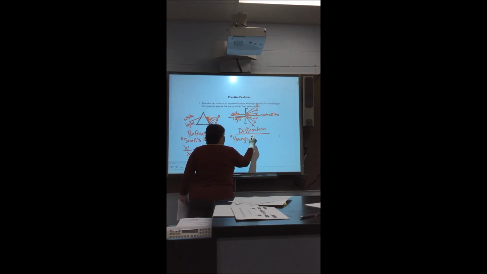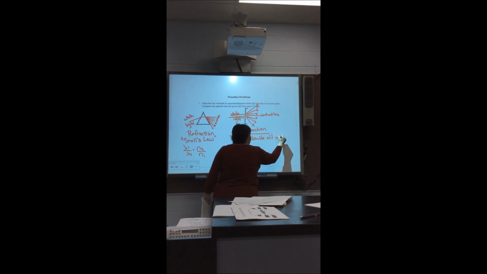And so when we're looking at diffraction, we are looking at Young's double slit experiment. And the formula that we're looking at here is lambda equals d sine theta over n.